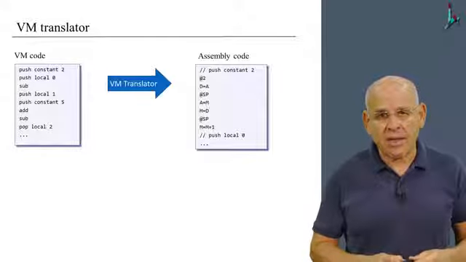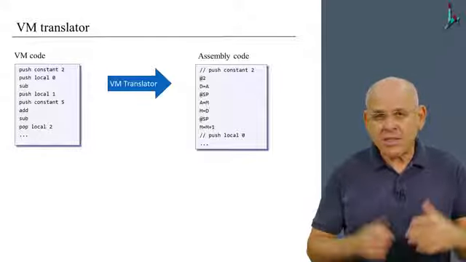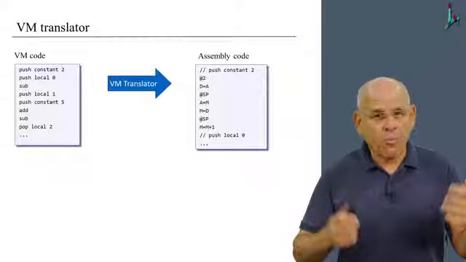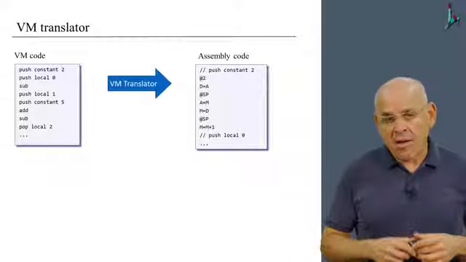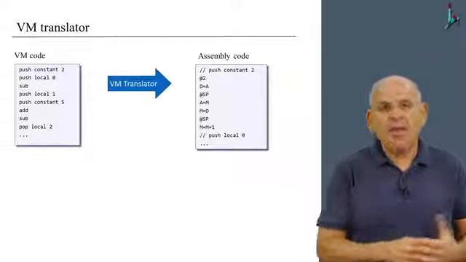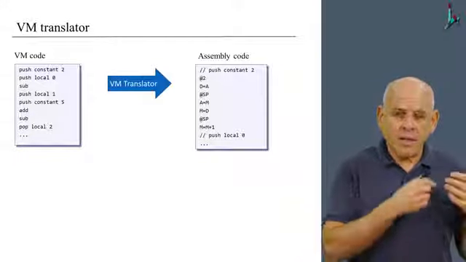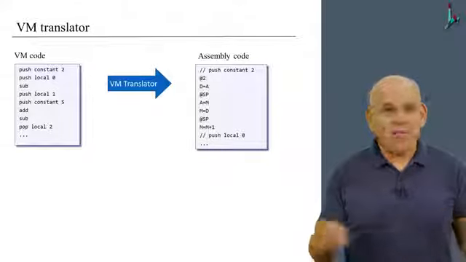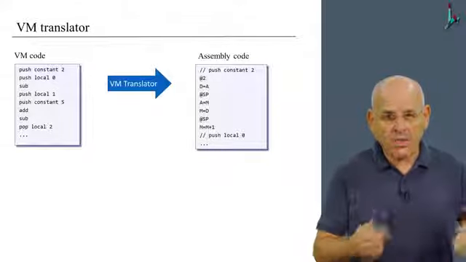The VM translator is a program written in some high-level language like Java or Python, or any other language, and the program gets as input another program written in VM code, VM commands like push, pop, and so on.